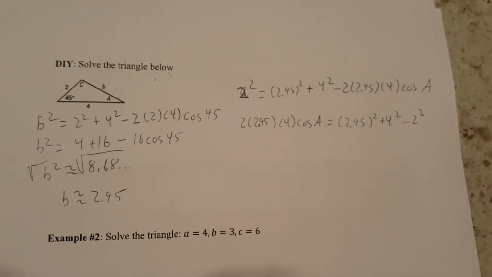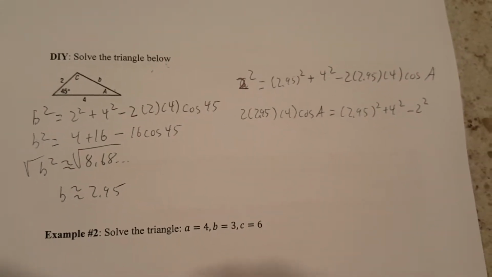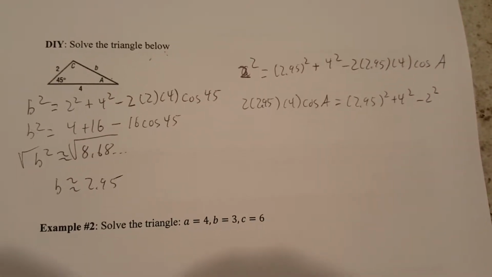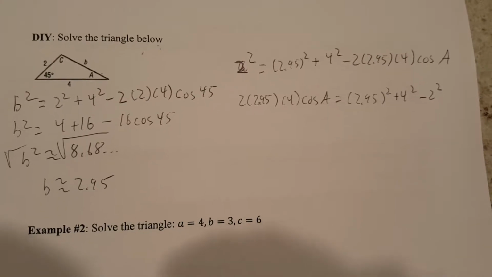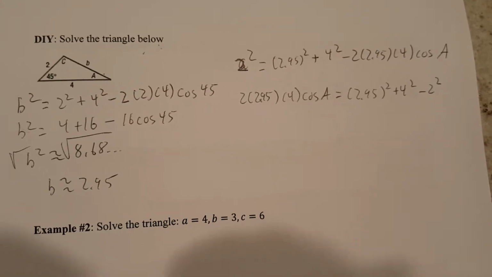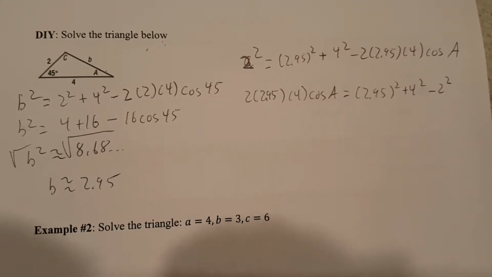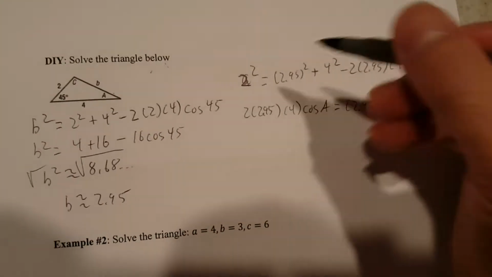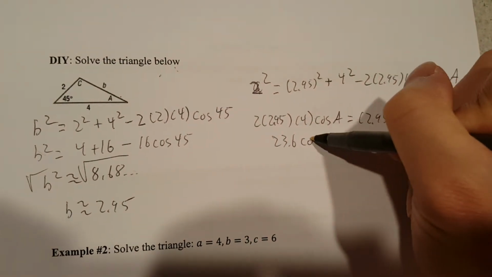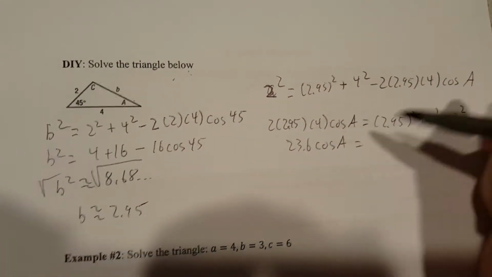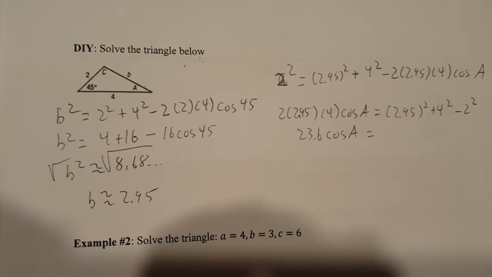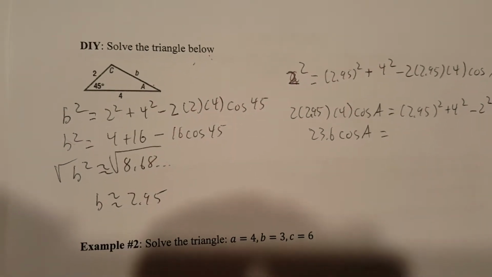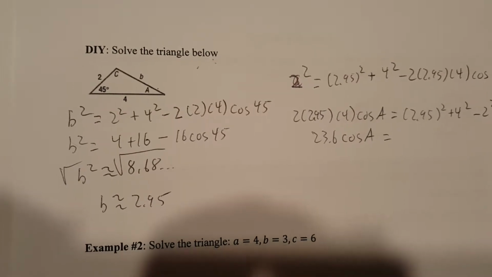Now, you guys can skip some steps if you just do the calculations with the moving across. So this is going to be 2 times 2.95 times 4. This is 23.6 cosine A is equal to 2.95 squared plus 4 squared minus 2 squared.